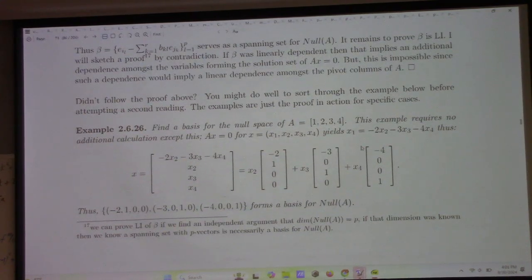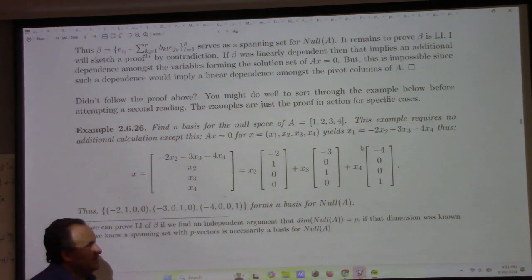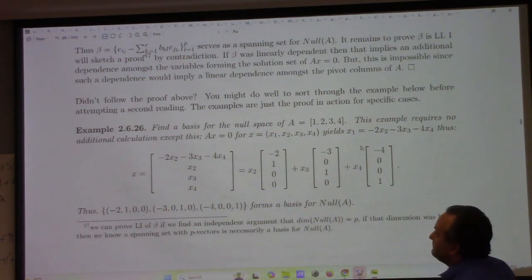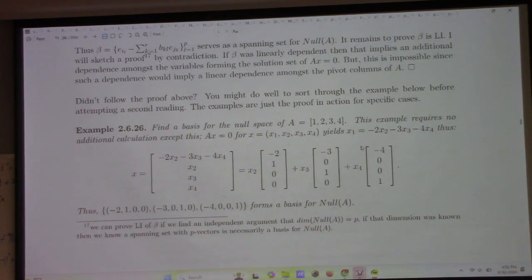Here's another example, the null space of (1, 2, 3, 4). This makes a great test question because it's really simple, but it will destroy students who don't know what's going on. It's very easy to grade. If the matrix is (1, 2, 3, 4), the row reduction of A is already done.